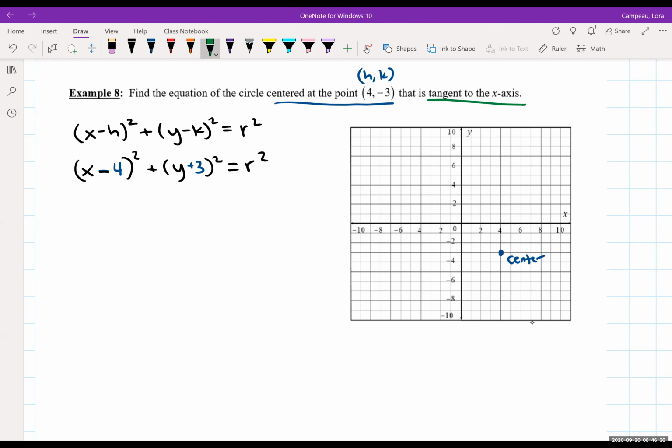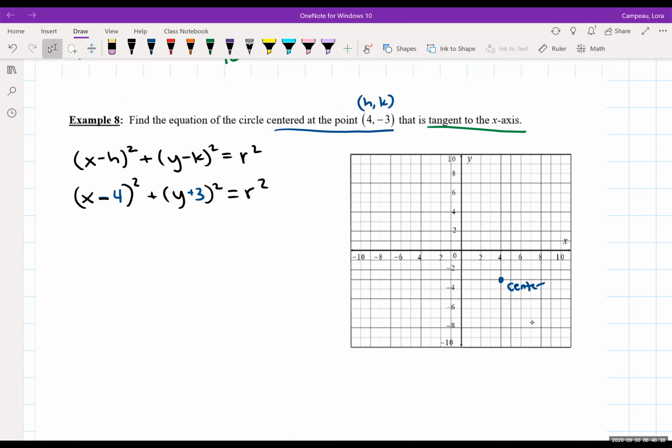Now, it's been a while since we discussed what it means to be tangent. We're trying to describe that the circle only touches the axis, or the x-axis, in one place, or one point of intersection, should you say.